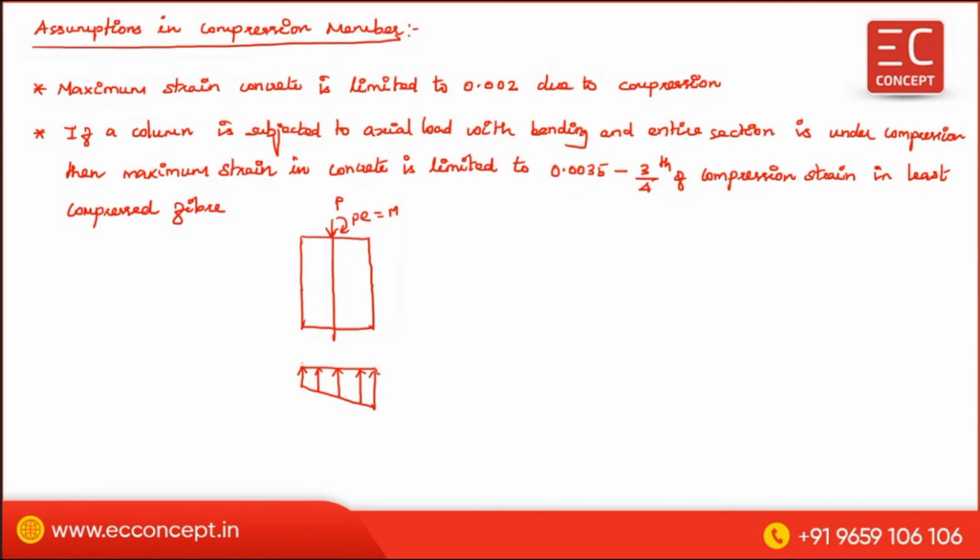That's why the stress is more. This is sigma max. This is sigma minimum. So in the least compressed fiber there is a strain. You take 3/4 of that strain and subtract it from 0.0035. So this is the main assumption in a compression member.